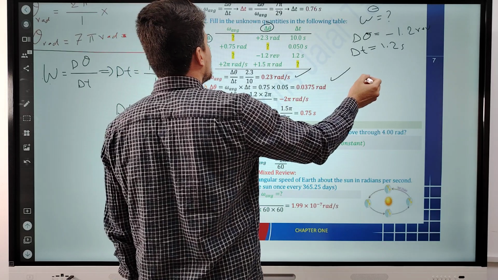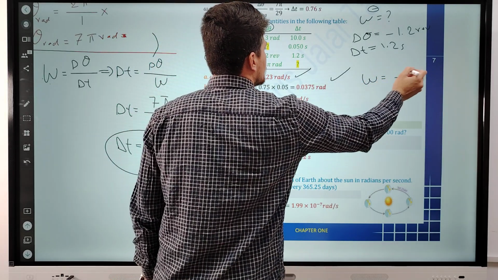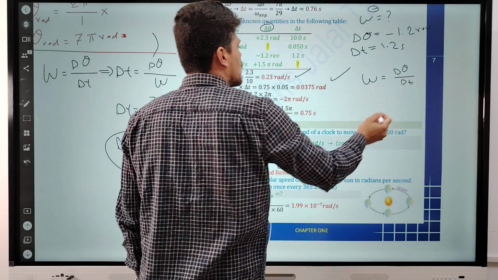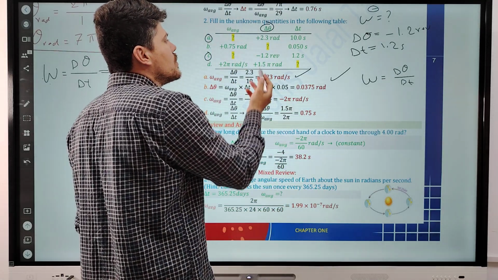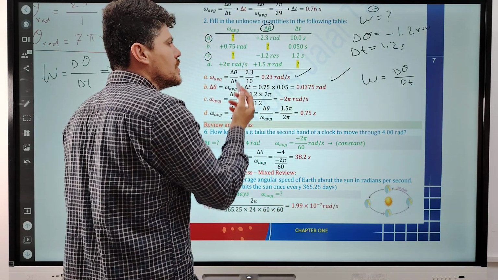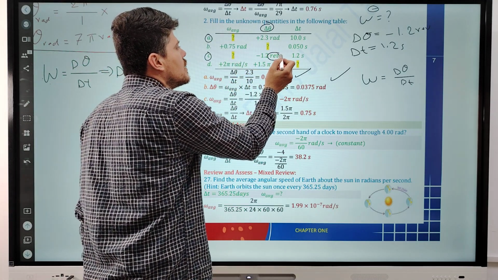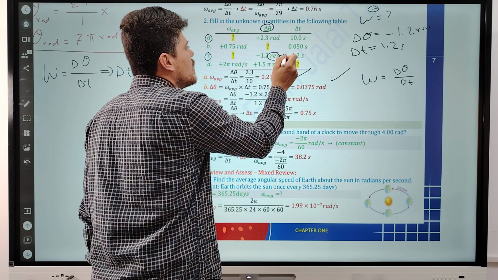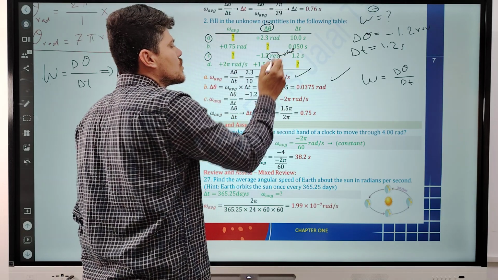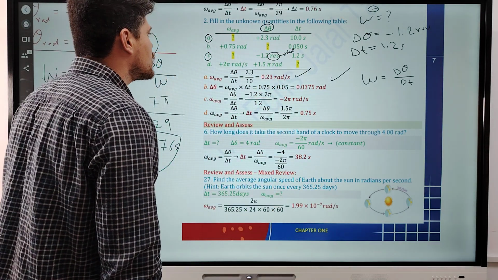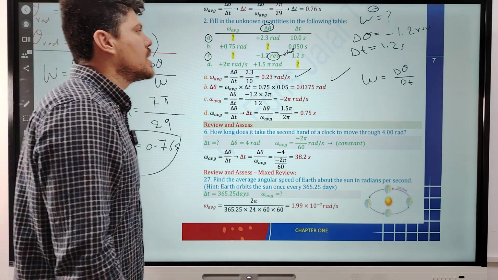How can you calculate angular speed? It is theta divided by time. But we have a problem with the angular displacement here: it is given in rev. You have to convert to rad by multiplying by 2 pi.